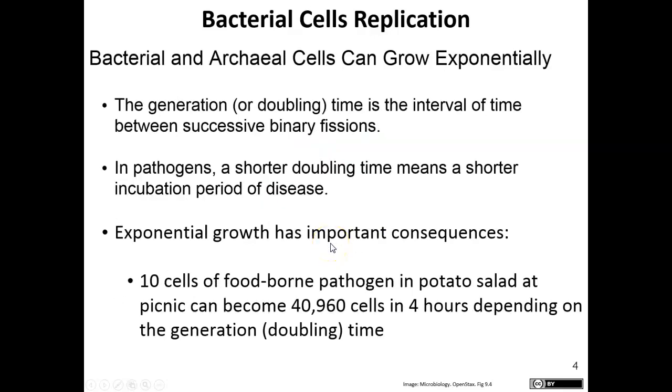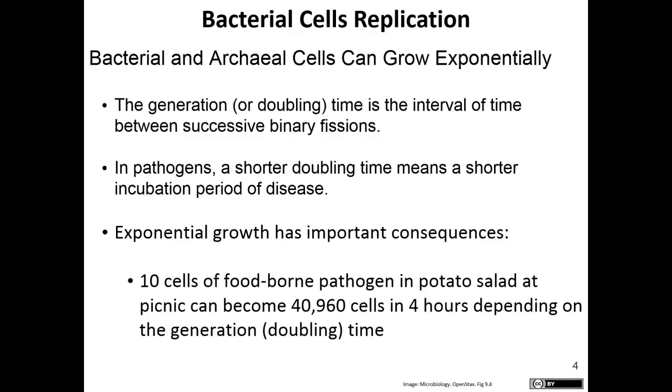All right, so bacteria and archaea grow via binary fission, and they grow exponentially, which means they grow at a rate in which they double the population every time. Depending on the doubling time, you can learn about the length of incubation for certain diseases.